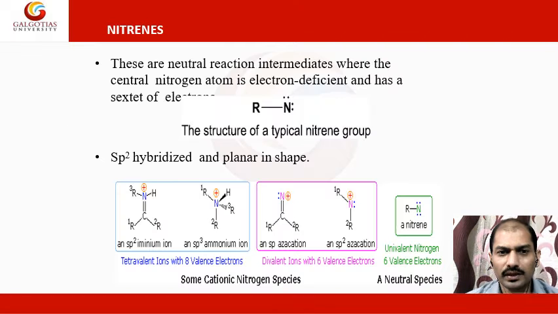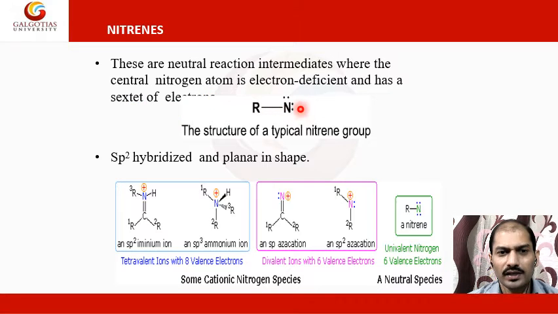Now, coming to the main discussion, we are going to start with nitrenes. These are neutral reactive intermediates where the central nitrogen atom is electron deficient and has a sextet of electrons.